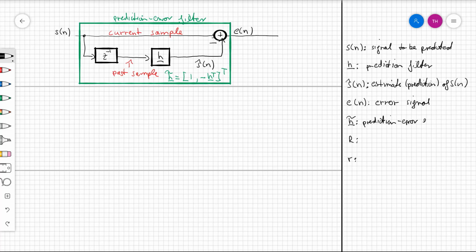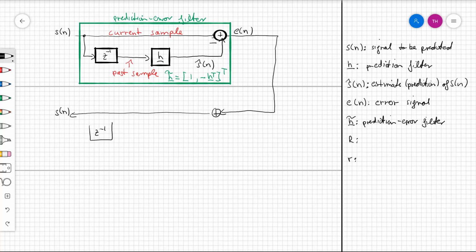And like I said when I introduced the prediction error filter, we make use of the error signal itself in many applications. There's a need to invert the structure going from S of n to E of n; you want to go back from E of n to S of n. So how do we do it? Like I said, we want to invert the structure, so we more or less copy the structure up here.